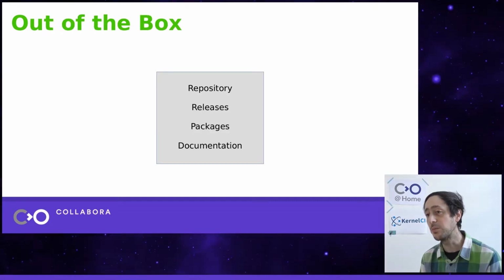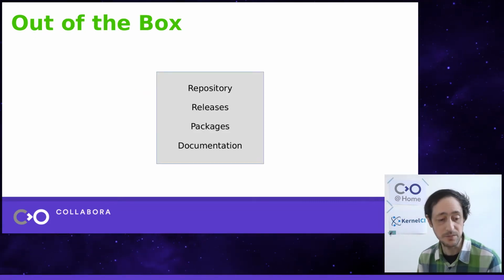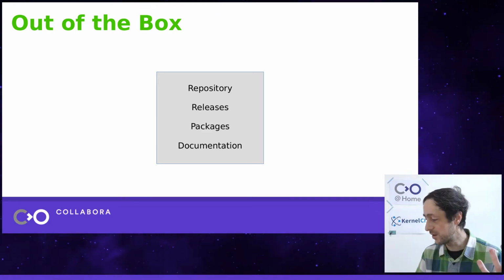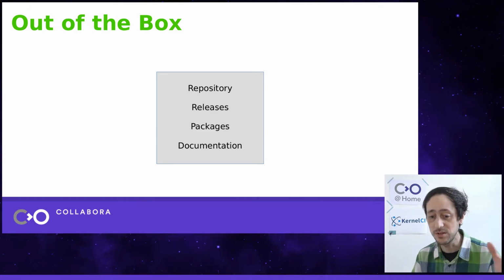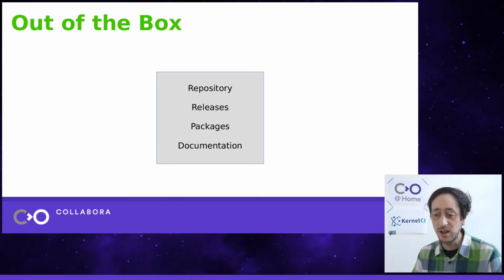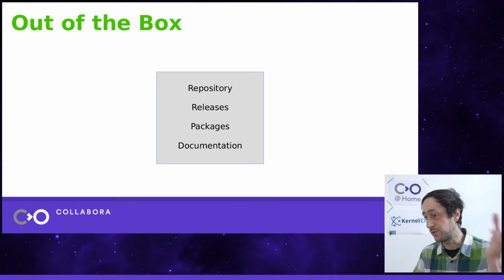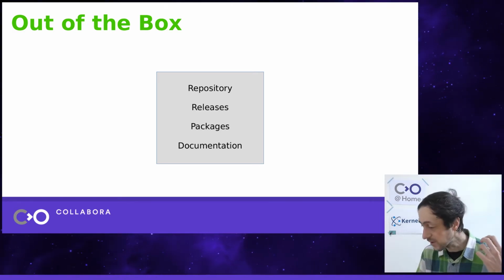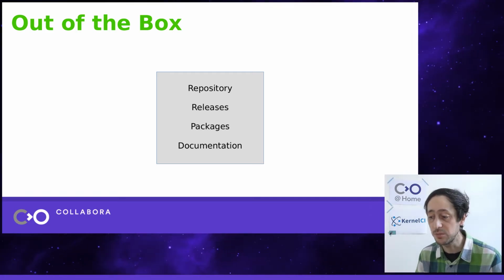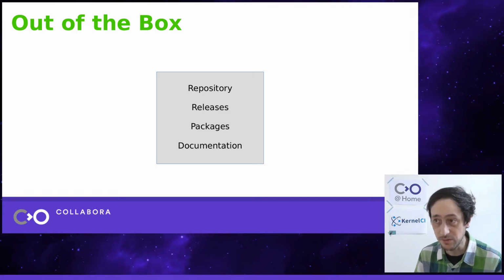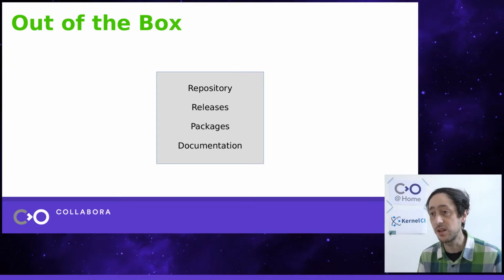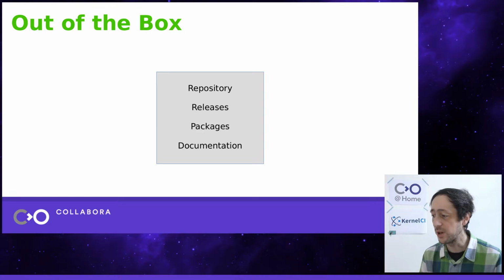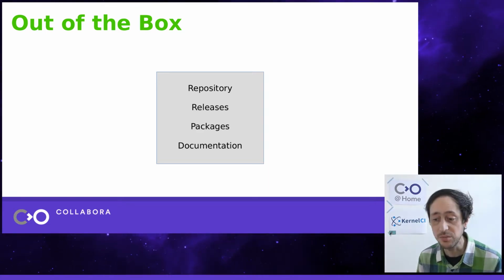So what do I mean by out of the box? So what is the box? First, the open source exists, there's source code like we've explained, and out of that you want to be able to use the project. So you have a repository that contains all the source code. You have releases that are supposed to be good known versions of the project, and they include release notes, and then the software can be packaged in a way that can be easy to install.